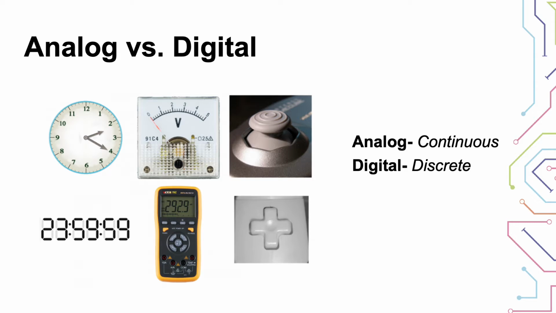There are an infinite number of tones that we can hear, and there are an infinite number of smells that we can smell. The common theme among all of these analog signals is their infinite possibilities, while digital signals and objects deal in the realm of discrete or finite, meaning it has only a limited set of values that it can be.